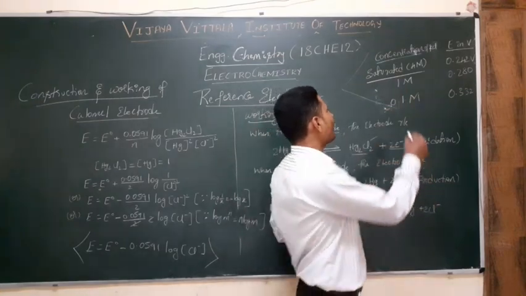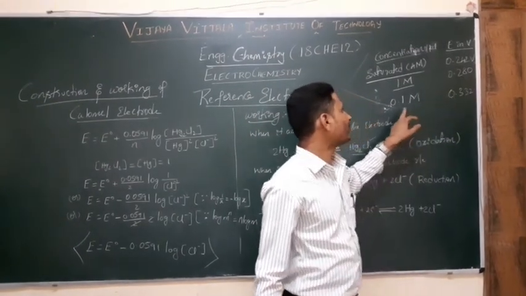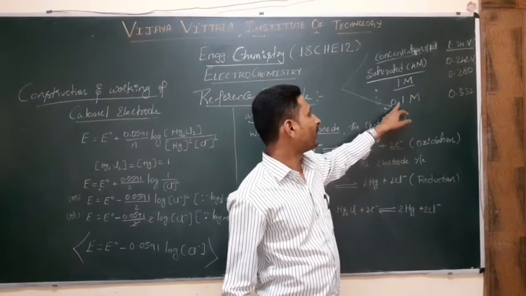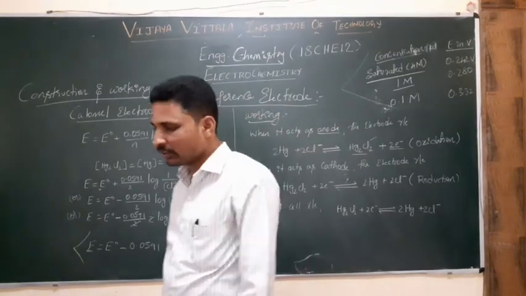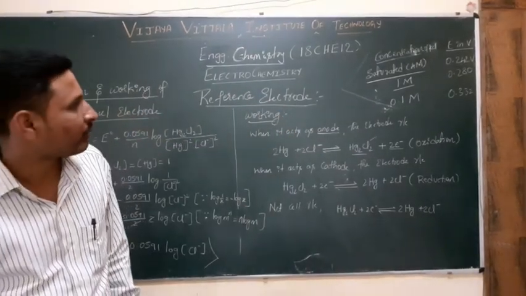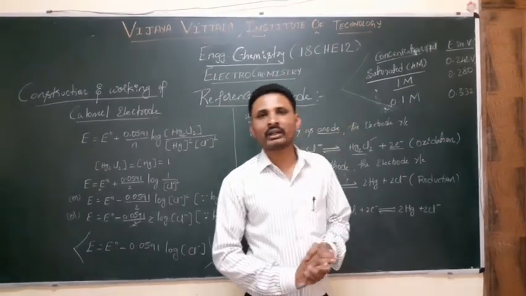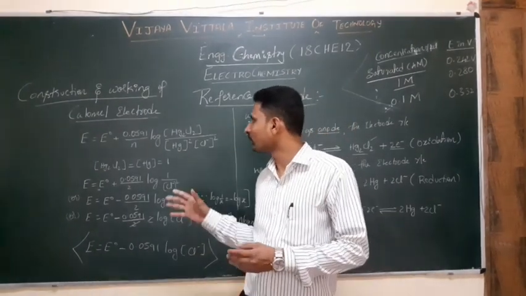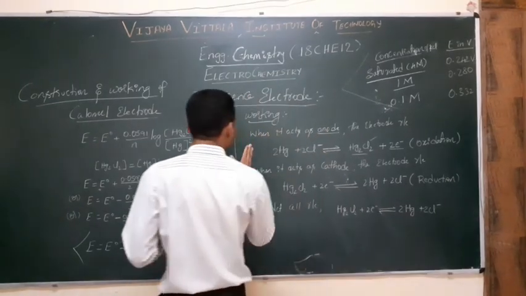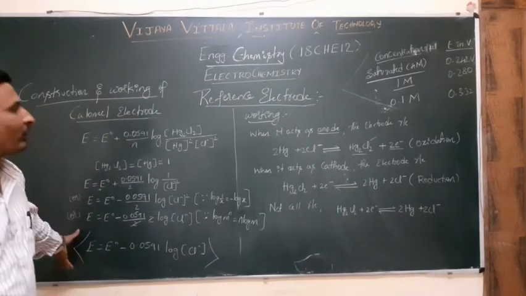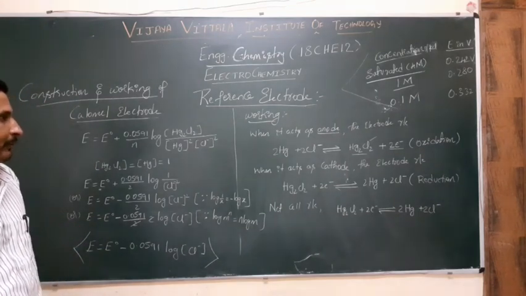If you take 1 molar concentration, the value will be 0.280 volt. And if you take 0.1 molar, then the value will be 0.332 volt. So this is how the Calomel electrode is constructed, its working and the electrode potential value.